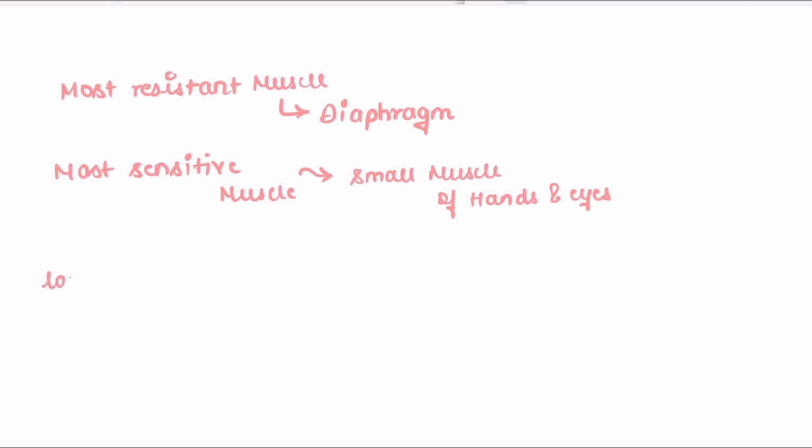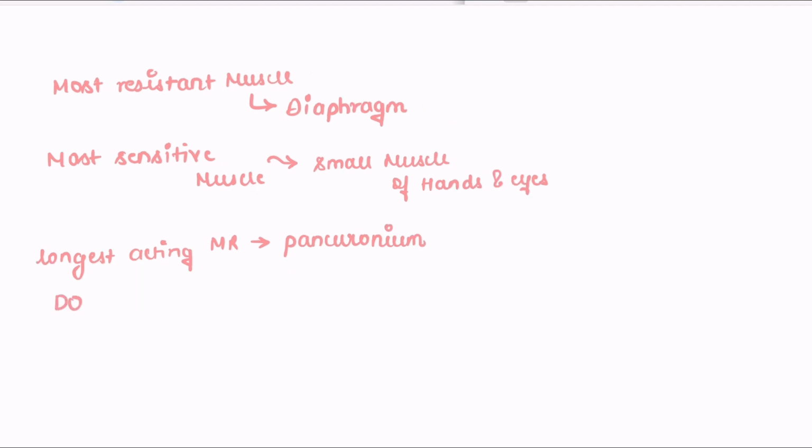The longest acting muscle relaxant is pancuronium. The drug of choice for rapid sequence induction is succinylcholine because it is fastest acting.